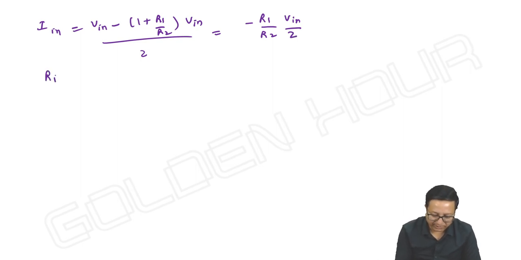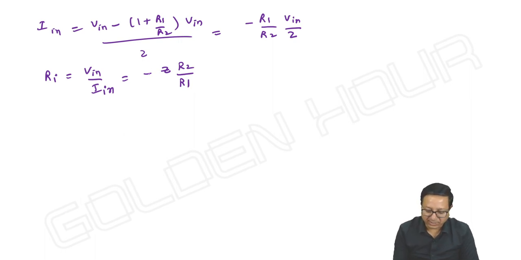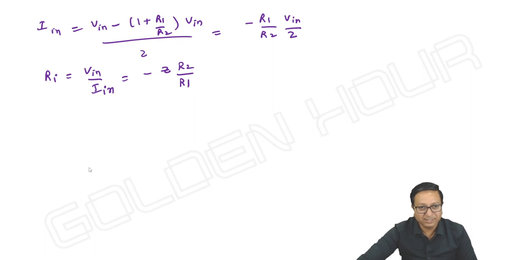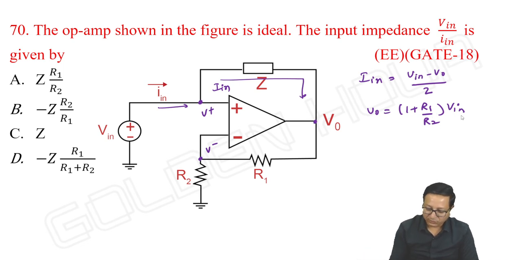Then Ri is equal to V input by I input. It is minus Z into R2 by R1. That's it. And you may be getting a doubt like why this negative sign. The reality is, you look at the output voltage. It is 1 plus R1 by R2 into V input. So here V output is greater than V input.